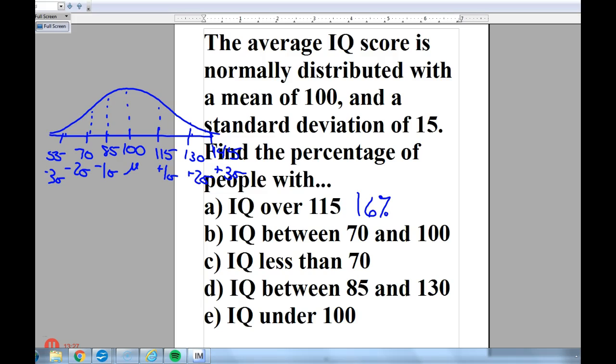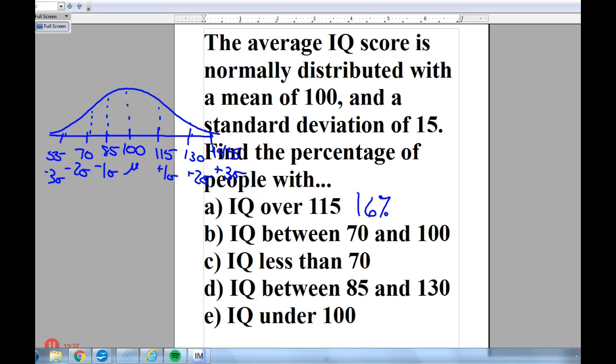You could also add up all of these and do 100 minus. I don't know why you would, but does that make sense, that above this is just the opposite of below this? If this is 16% up here, what's down here? Everything else, which is 84. You guys know what I'm saying?